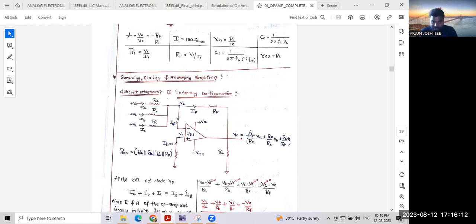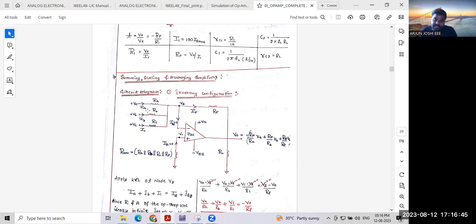Everything remains the same as our inverting amplifier, but here I'm going to give three inputs, three voltages VA, VB, VC, through the resistors to the inverting terminal, and then the feedback resistance, and then the offset minimizing resistance ROM. We can neglect this one, and we can neglect RL and ROM also. I think all of you understand the circuit diagram.